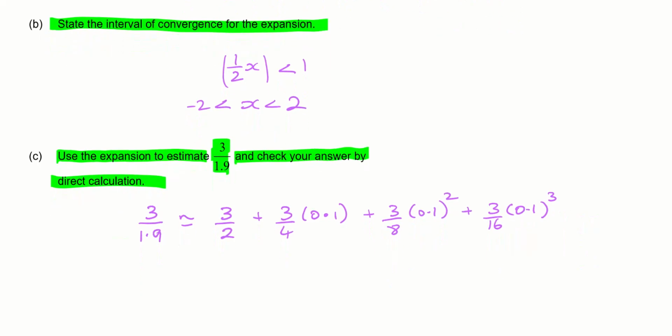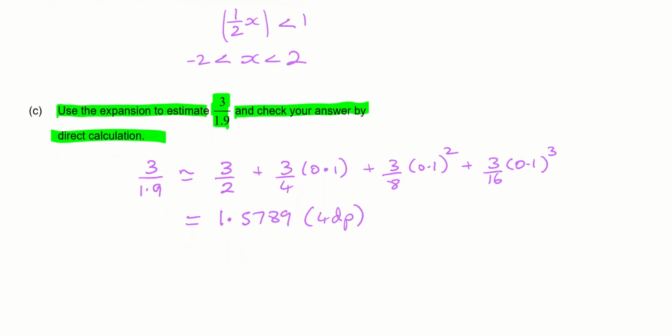So we don't need that if we put approximately equal to, and that is equal to 1.5789. I'm giving that to 4 decimal places. And then do it by direct calculation. Actually, let's not do it to 4 decimal places. Let's do the whole calculator display here.